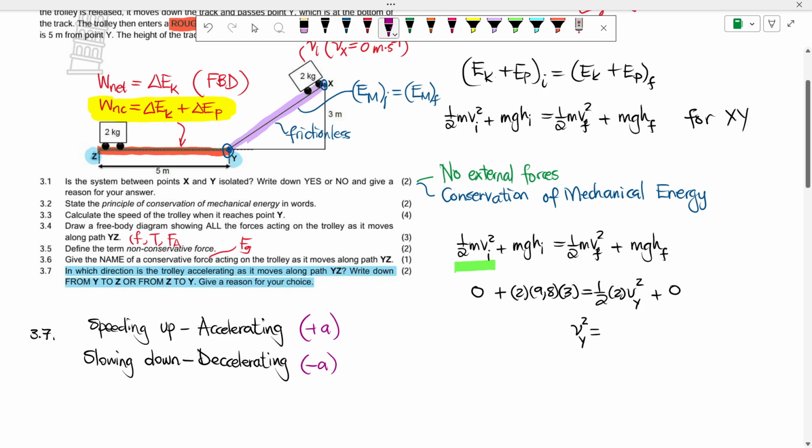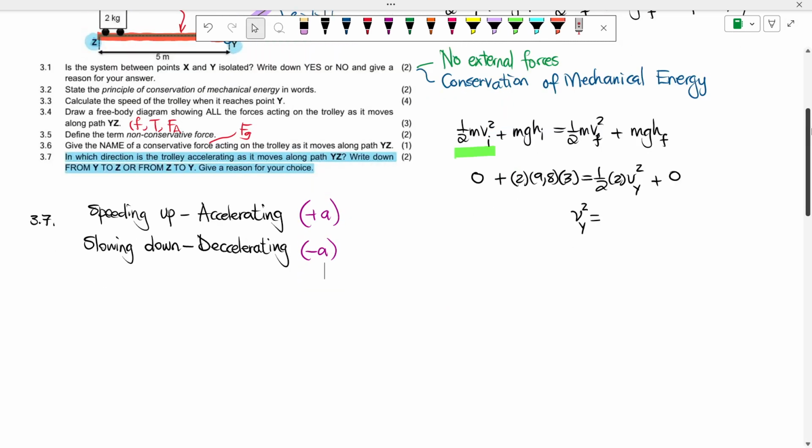And then look at this now. You can have a car or an object that is going this way in terms of velocity, and the acceleration is also going in that direction. But you can also have a case whereby this object is going this way in terms of velocity, but acceleration is going in the opposite direction.